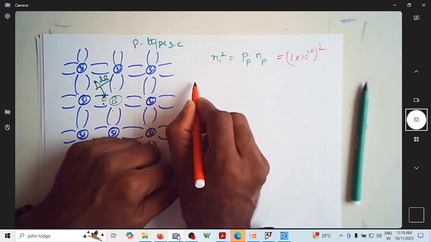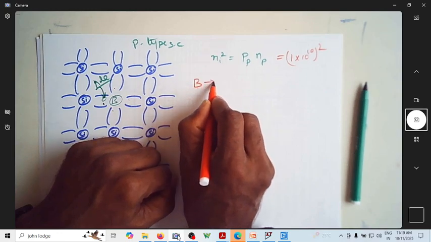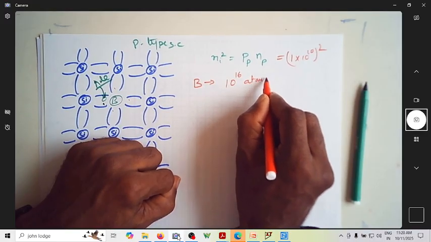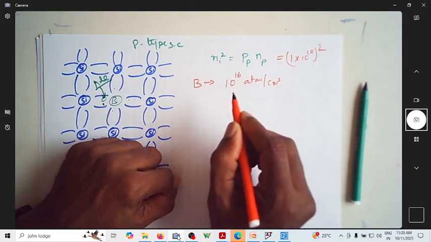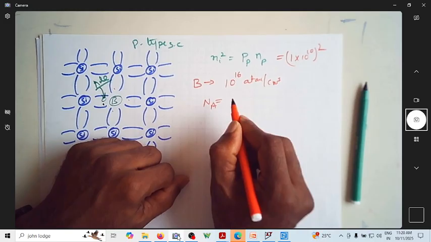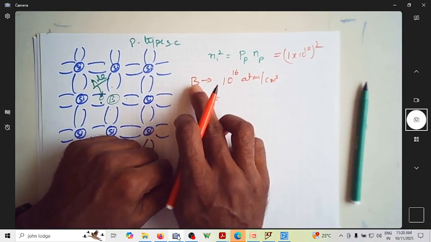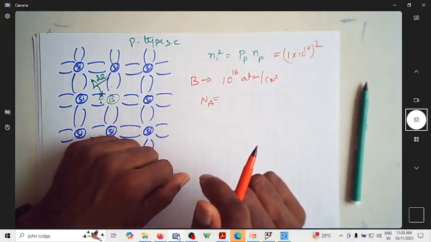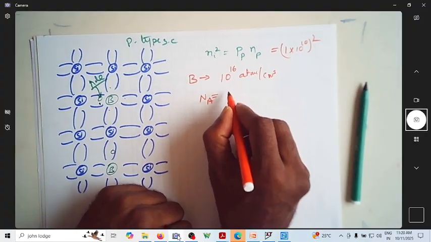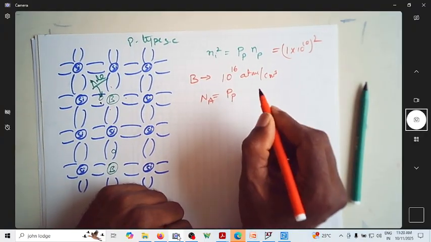So assume that I am adding boron, which is 10 power 16 atoms per cubic centimeter. So now this is called the number of acceptors, because when you add a single boron, it is ready to accept one extra electron because there is a hole. So that is equal to p of p.